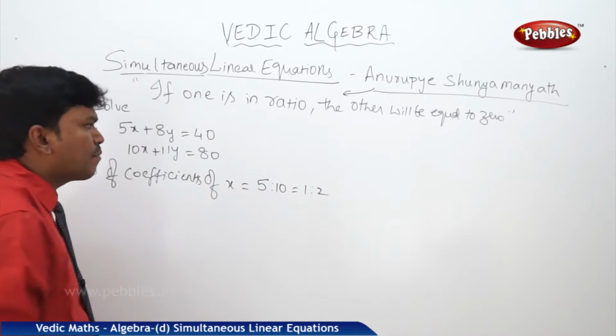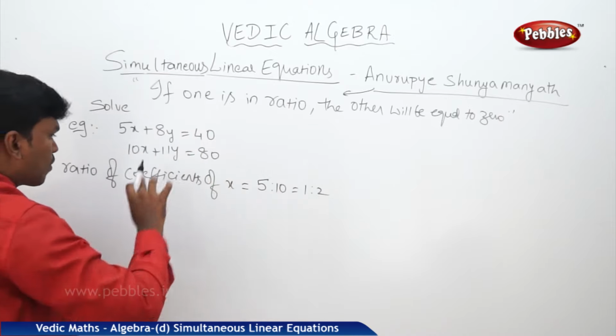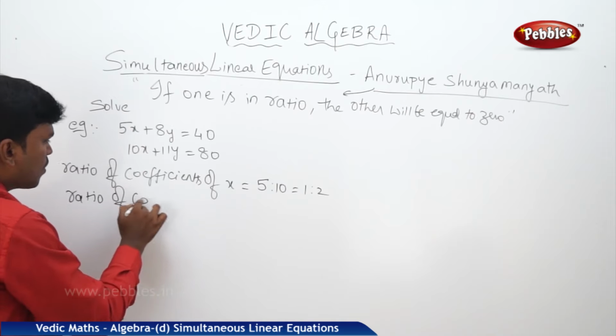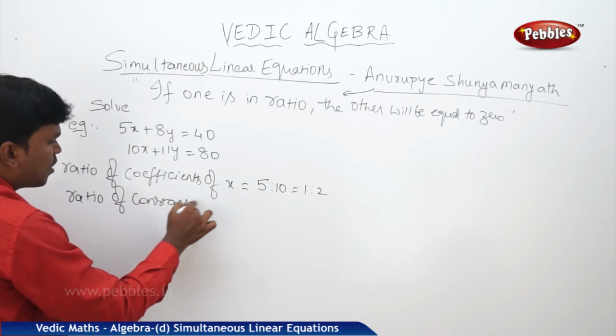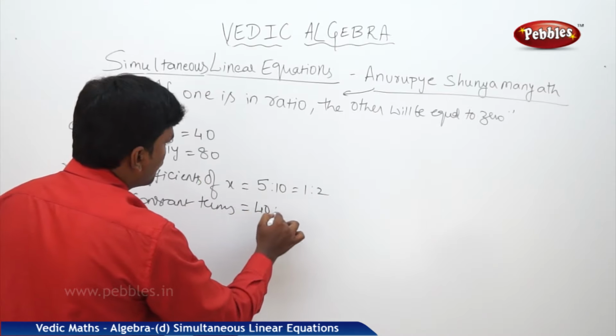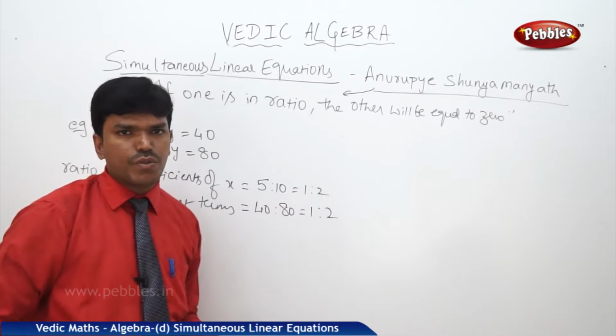At the same time, if you see the ratio of constant terms, 40:80, that means 1:2. This one also is 1:2.